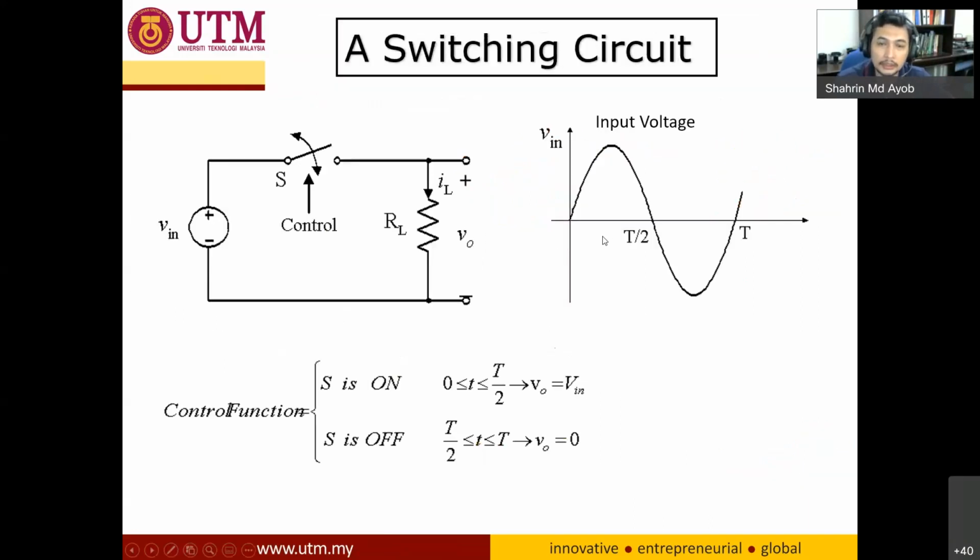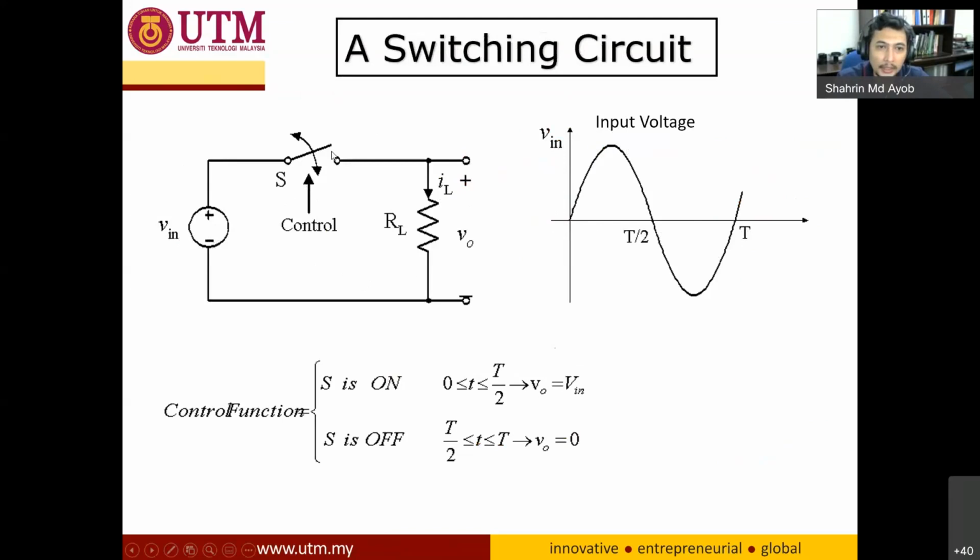Next, what is a switching circuit? The concept of a switching circuit can be illustrated using this very simple circuit. For example, we have the voltage source here. This is an AC source, which you can draw like this, which is cyclic. You have the half cycle, and then T is the full cycle here.